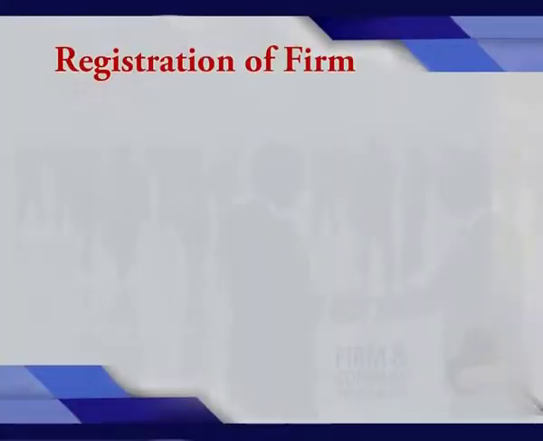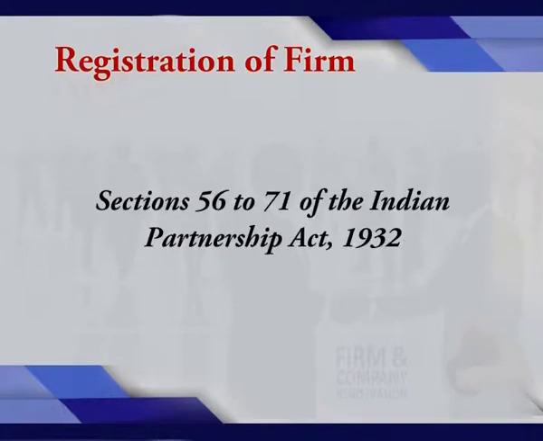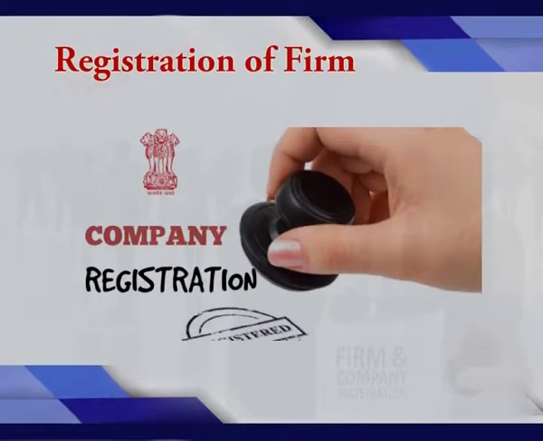Now, let us study the registration of firms. The provisions relating to registration of firms are covered under sections 56 to 71 of the Indian Partnership Act 1932. Registration means to get the partnership firm registered with the registrar of firms.